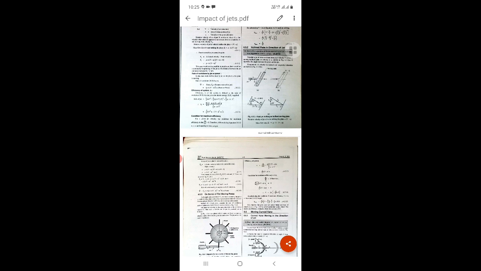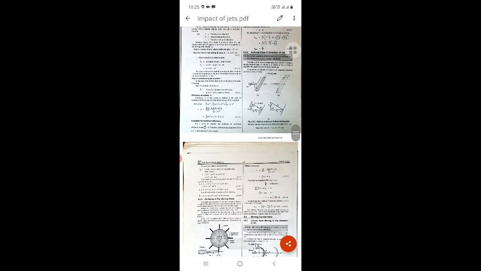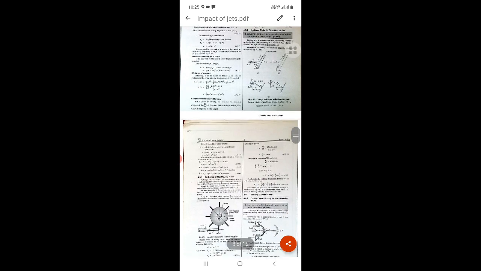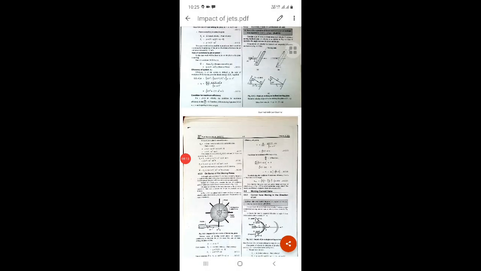Tell me when you are done, then next. Next is forces Fx and Fy: the component of normal force in the x direction is Fx, and the component of normal force in the y direction is Fy.